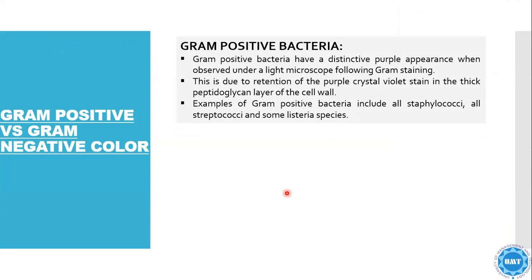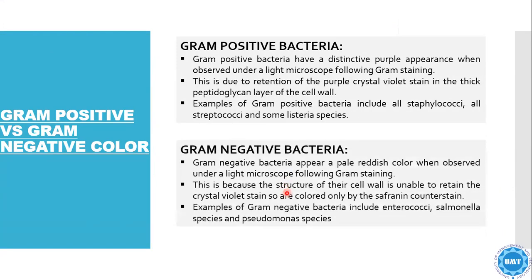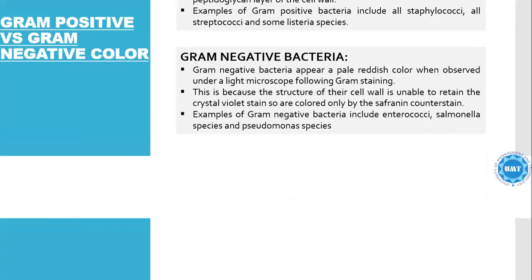Examples include Staphylococcus, Streptococcus, and some Listeria species. Gram-negative bacteria appear pale reddish under a light microscope using Gram staining. This is because the structure of their cell wall is unable to retain the crystal violet stain, so they are colored only by the safranin counterstain. Examples include Enterococci and Salmonella species.